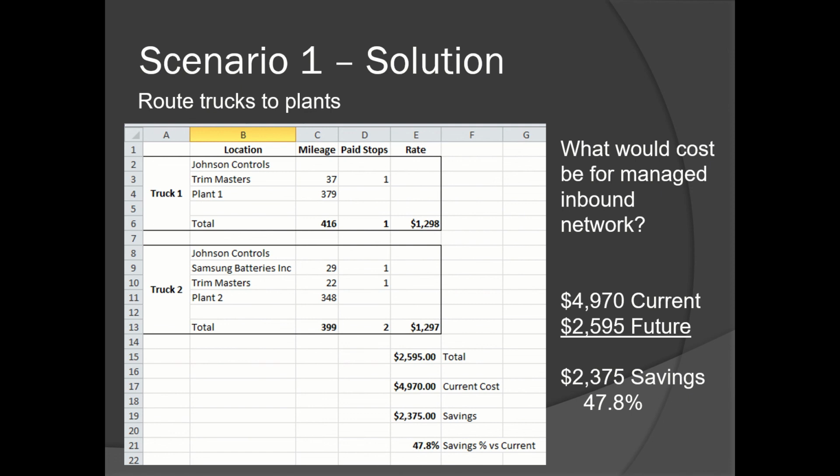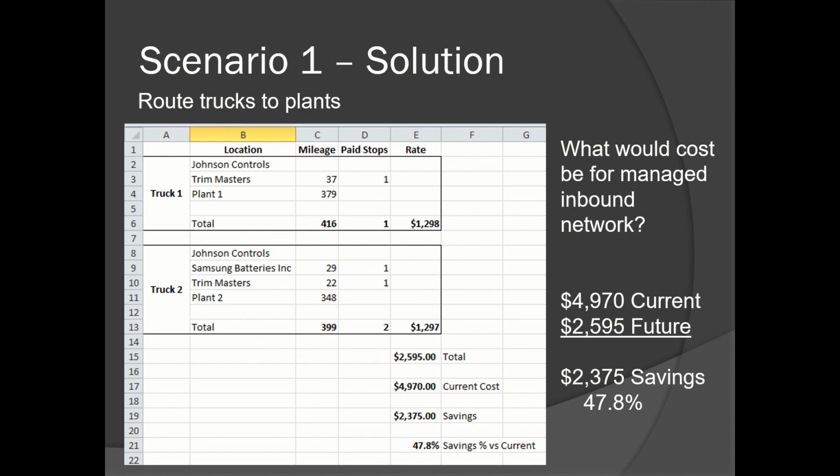So it was actually a little bit closer on miles. So our total cost was just under $2,600. The current cost, kind of the baseline, was almost $5,000. So we had a savings of $2,375, and a few of you actually got a little cheaper than that, so a little over $2,400. So nice work on that.